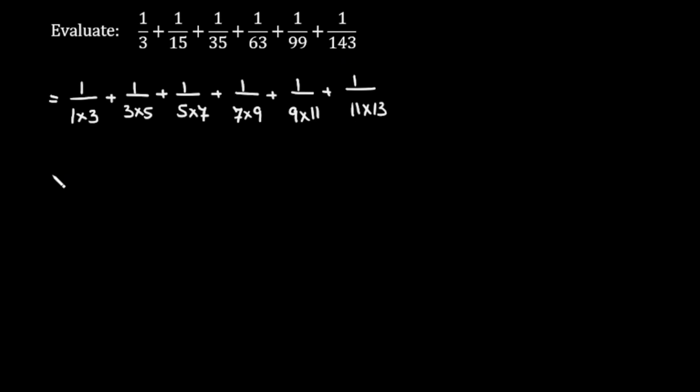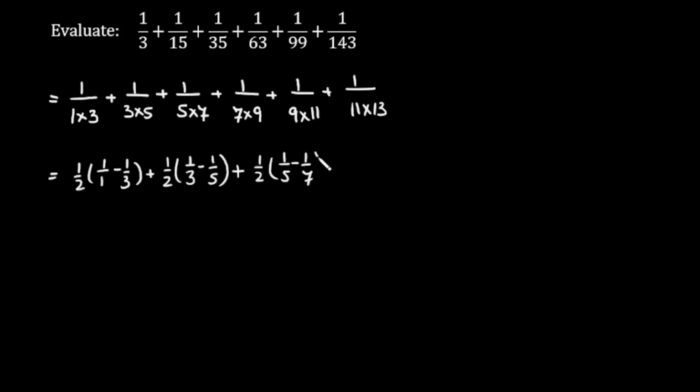So write this term equal to 1 over 2, 1 over 1 minus 1 over 3, plus this term 1 over 2 inside the bracket 1 over 3 minus 1 over 5, and this term 1 over 2 inside the bracket 1 over 5 minus 1 over 7.